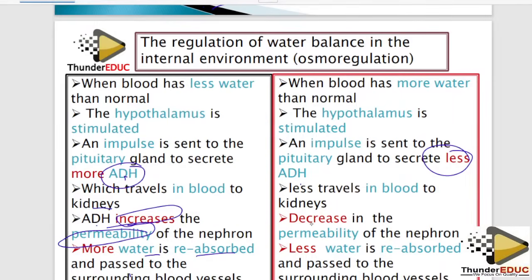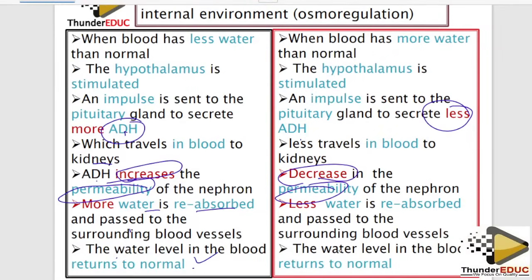And then there is a decrease in permeability, meaning that the walls are going to become less permeable. It does not allow water to go through. Now less water is reabsorbed back to blood, meaning that more is lost as urine. Here less is lost as urine, here more is lost as urine.